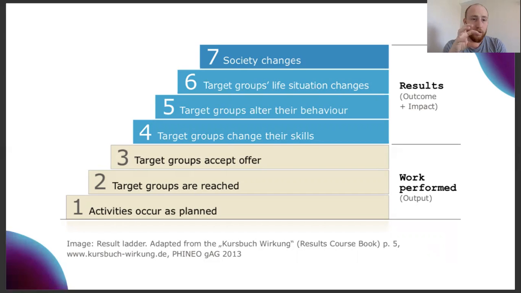And then we try to change, we say that we will change life situation of this target group in this way. And in order to change it in this way, we would like to change their behavior. We think that if they would behave like this, then their life situation would change.